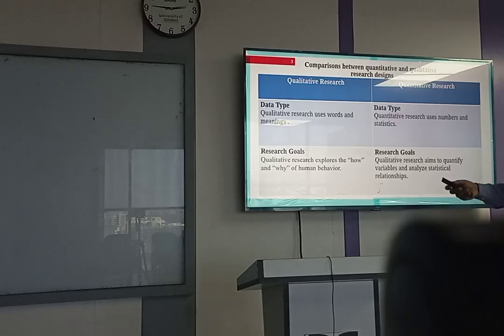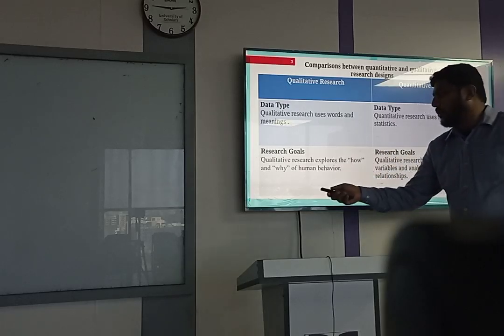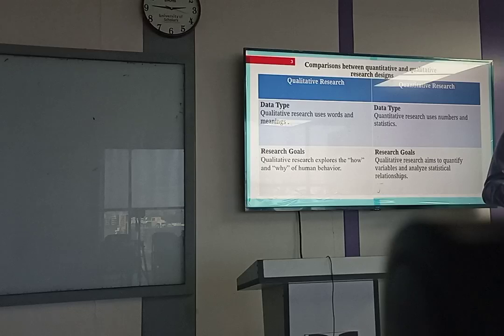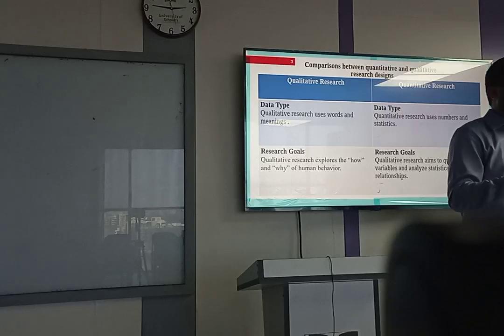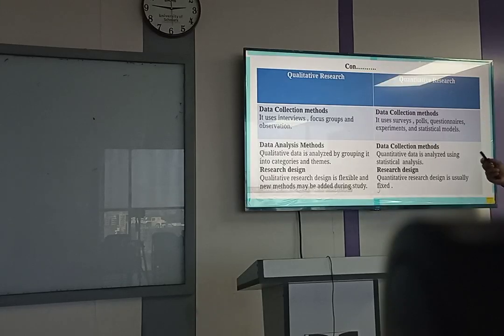Research goal. Qualitative research explores the how and why of human behavior. Research goal. Quantitative research aims to quantify variables and analyze statistical relationships. That means quantitative research always focuses on statistical data, not these things.